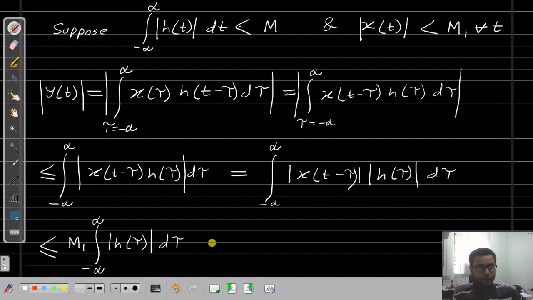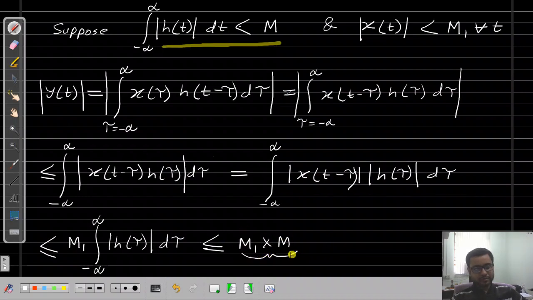Okay, and now by virtue of this fact here, that this integration is less than M, it is finite, I can write this is less than or equal to M1 multiplied by M. Now we can call it M2.